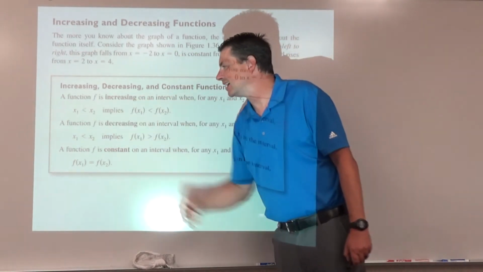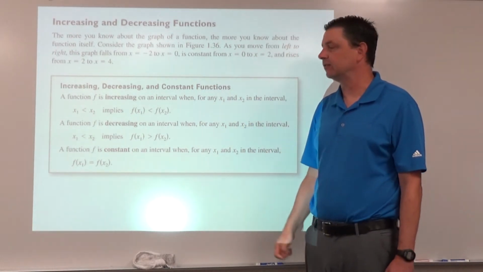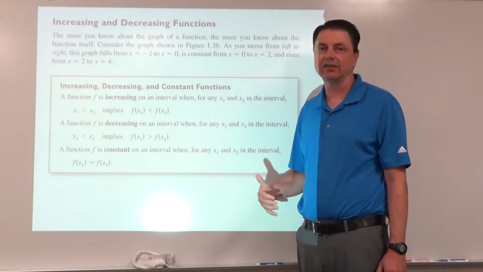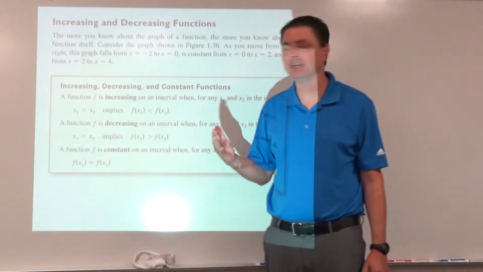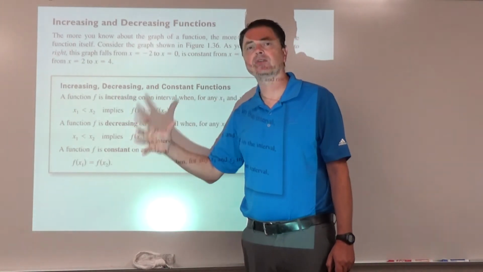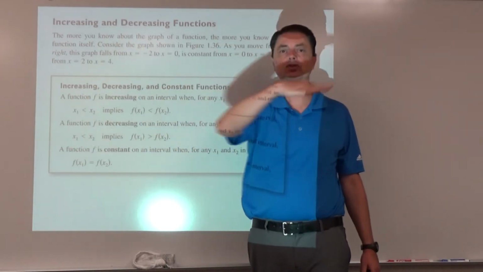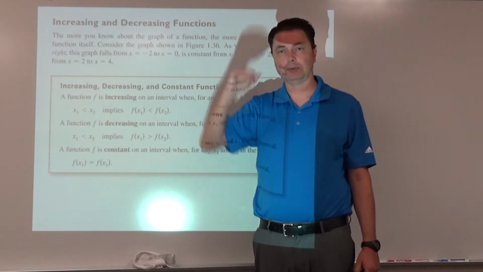When it says x1 is less than x2 implies that f of x1 is less than f of x2, if you don't quite understand what that's trying to get at, that's definitely okay. If we simplify it in terms of a graph, if you look from left to right, and you must be traveling along the graph from left to right, increasing means it's going up.